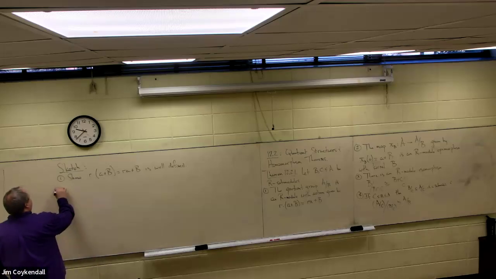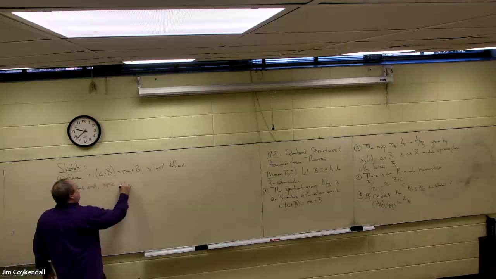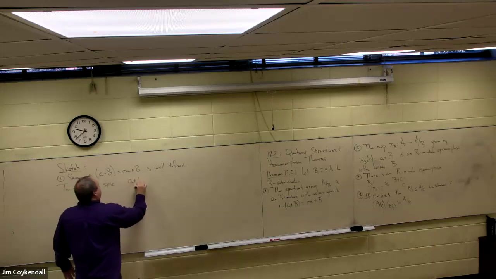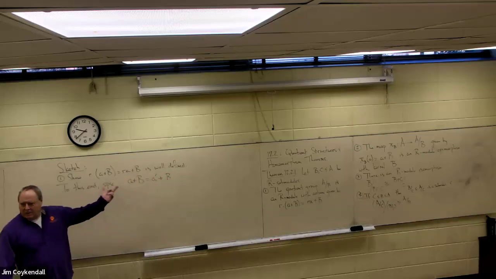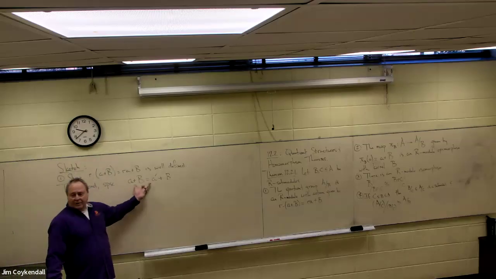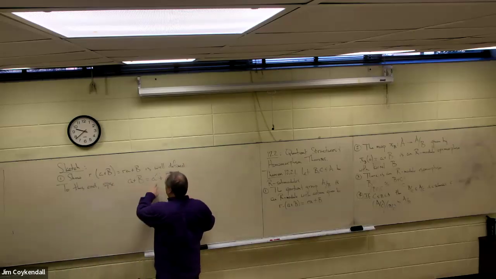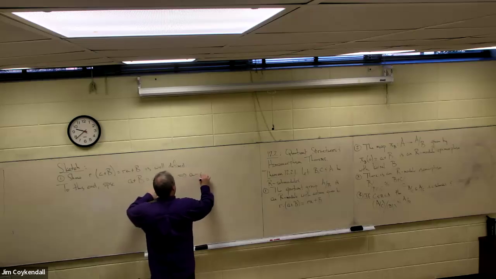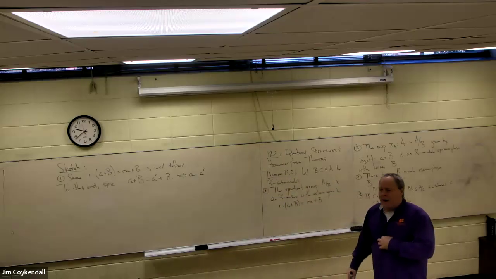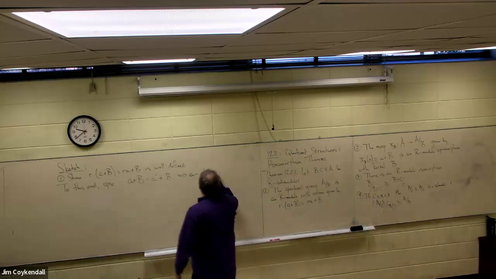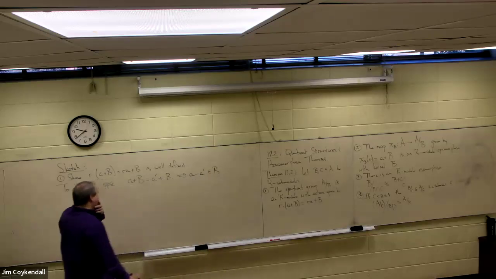So let's suppose A plus B equals A prime plus B. So suppose I have two different representatives of the same coset. Because A and A prime represent the same coset, what do I know about the difference between A and A prime? It must be in B, right? They're equivalent mod B, so their difference must be in B.